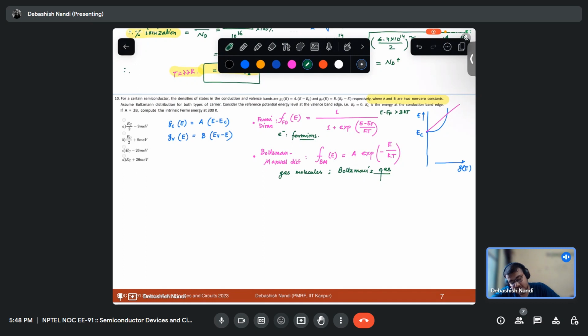And to complete the set, there is the Bose-Einstein distribution also. Let's say it behaves something like that.